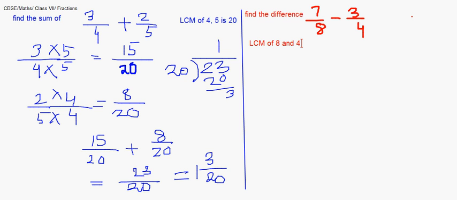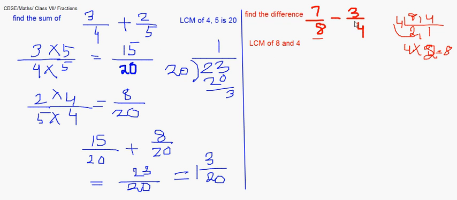We do some rough work here to find the LCM of 8 and 4. This you might have learned in the previous few years. So we are getting 4 into 2, that is 8, as the LCM. Now we have to convert these two fractions. The first one already has denominator 8.